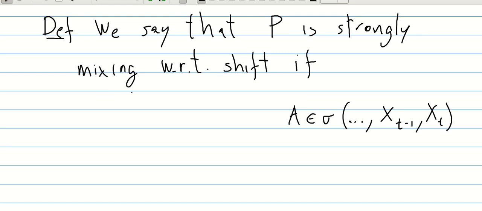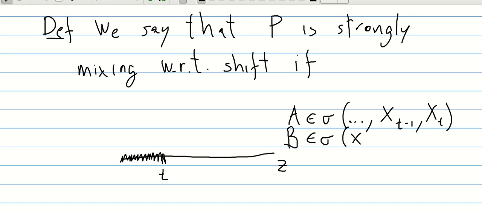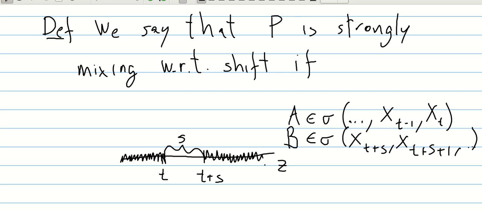Okay, so if you think of Z as a line, t is some value here, A can read everything to the left of t. And B is another event that's going to be measurable with respect to everything after t plus s. So here this distance is s, here lies t plus s, and B can read everything from here on.